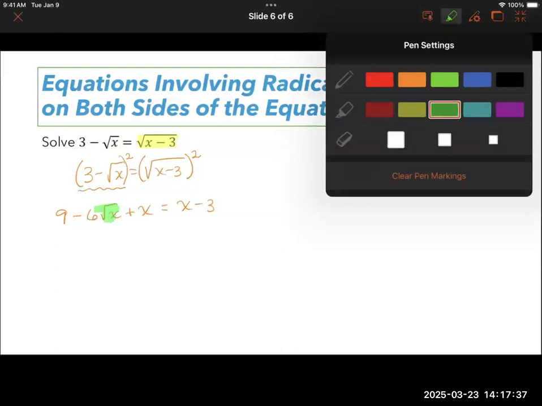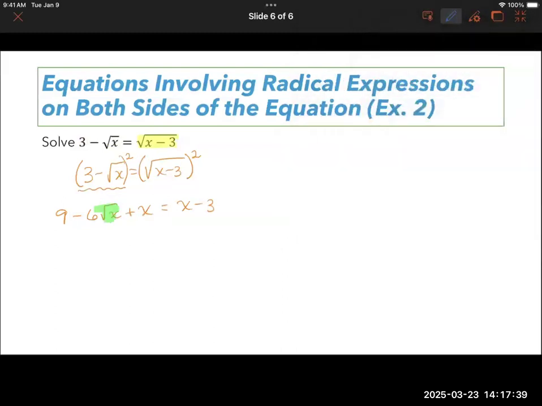Okay, so for our next steps, we're going to work to get at least this radical term isolated. Possibly the radical itself, we'll talk about that in just a second, but at least this term should get isolated. Now, because this term is minus, I'm actually going to want to make that plus.